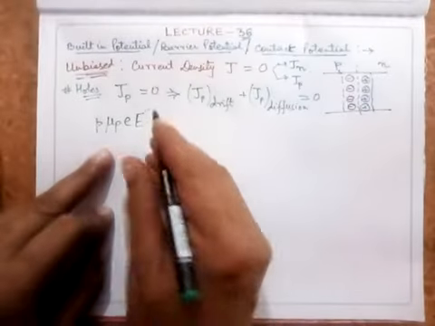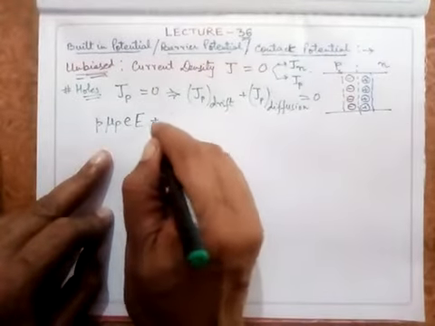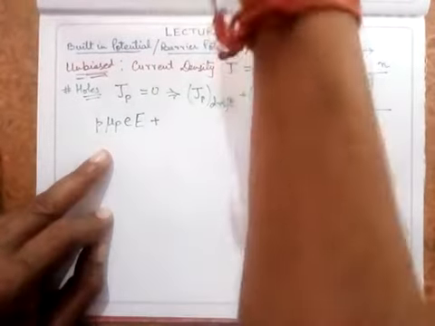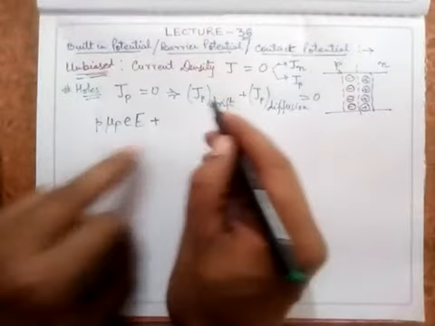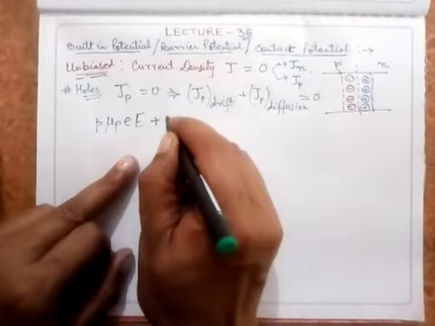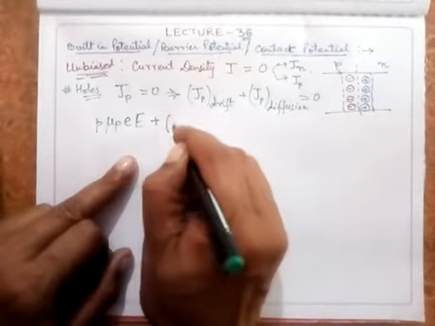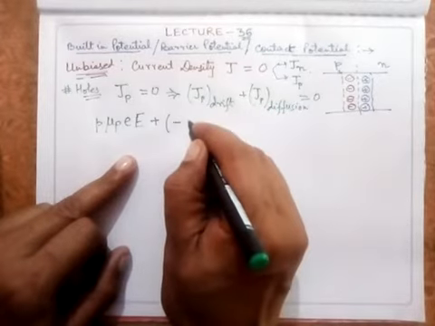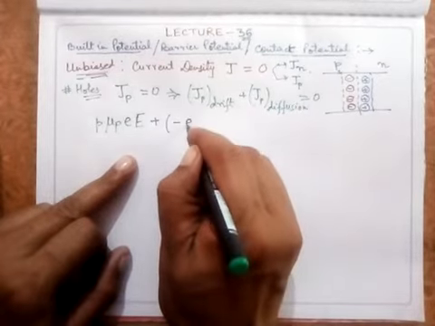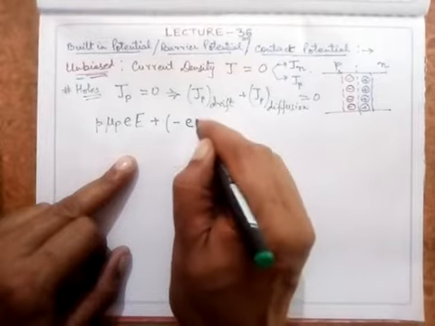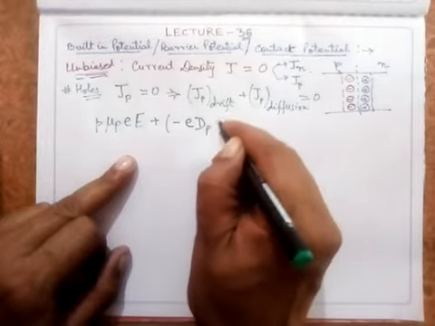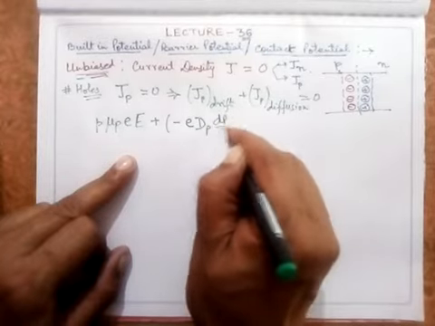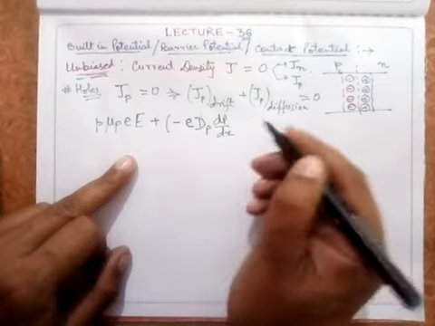And plus, if you remember, this diffusion current for holes was minus of dp, of course electronic charge, the hole charge same as electron charge, into the diffusion constant Dp and dp upon dx.